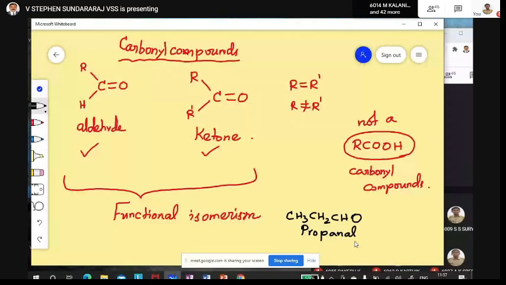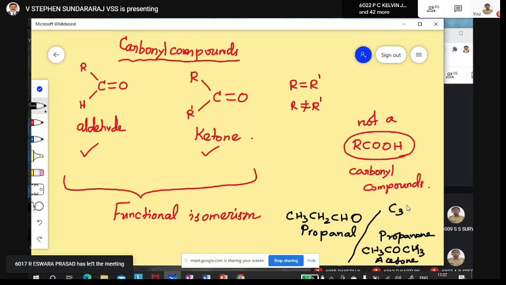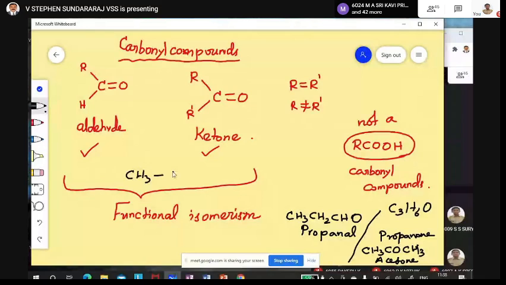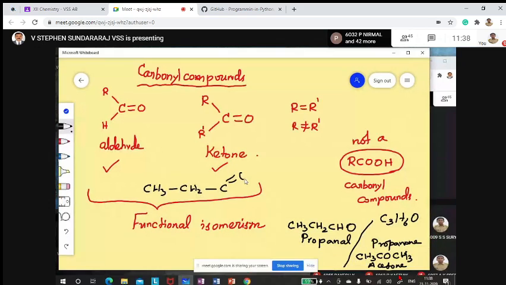Both of them are C3H6O. Both have the same molecular formula but different structures, entirely different compounds. The aldehyde is CH3CH2C double bond OH, whereas the ketone is CH3C double bond OCH3.